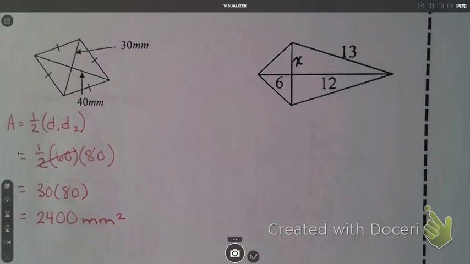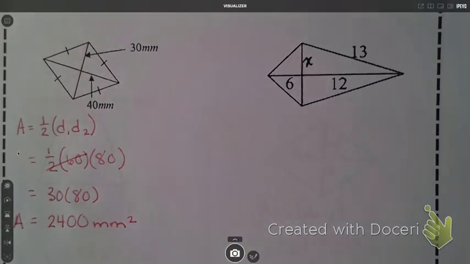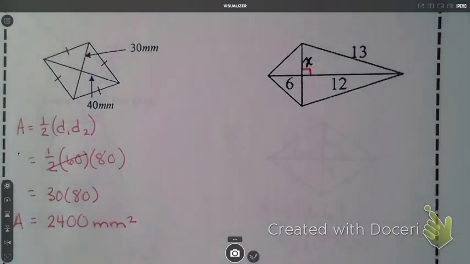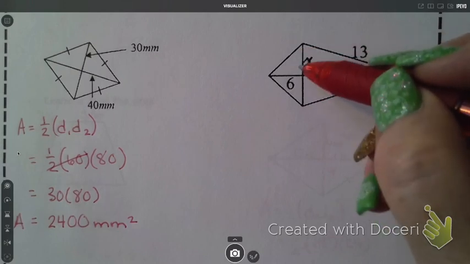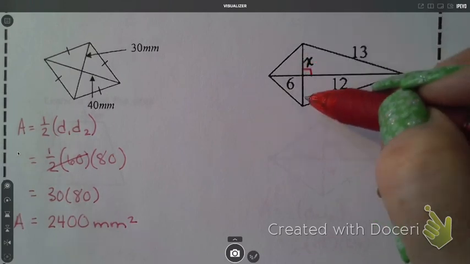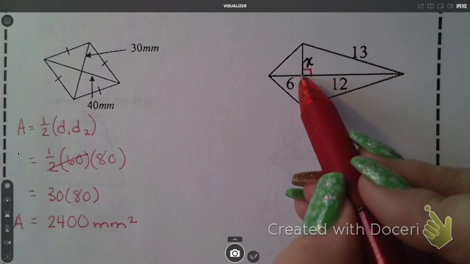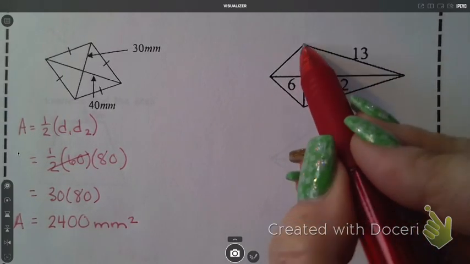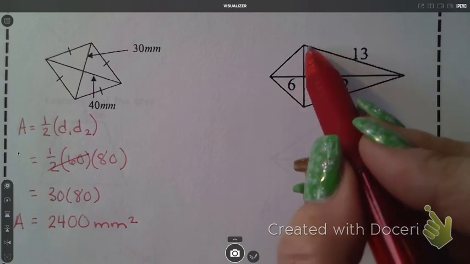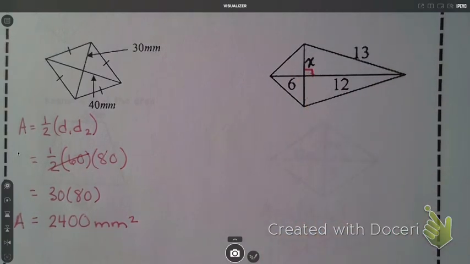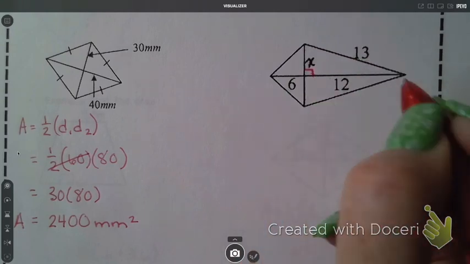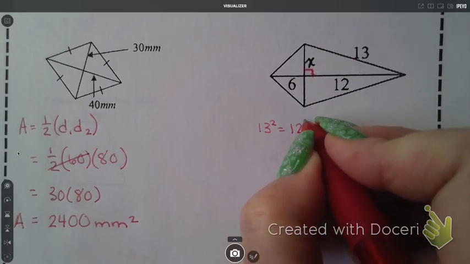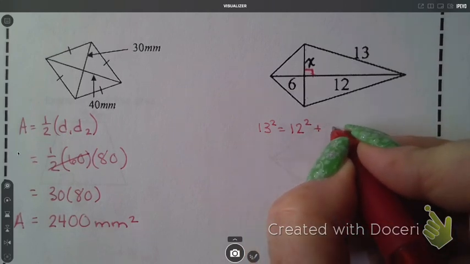One last one. Now, these meet at a what angle? Right angle. We need this, don't we? Yes. We do know that both of these are bisected equally. Do I not have a right triangle right here? So how can I find a leg of a right triangle? Pythagorean theorem. So c squared equals b squared plus a squared.